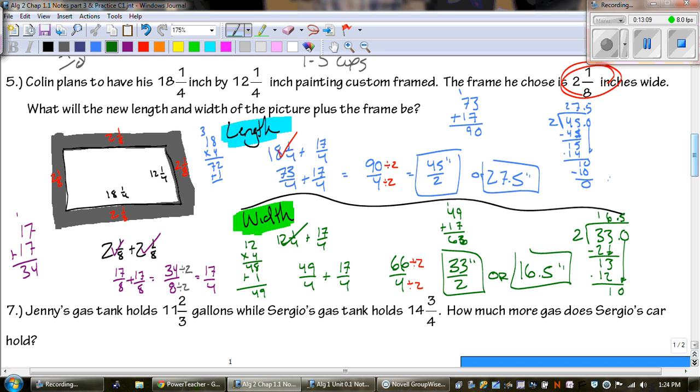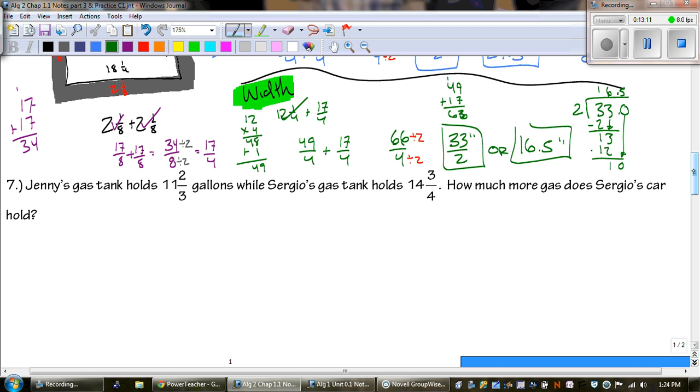All right, last one. Number 7, truly number 4. So Jenny's gas tank holds 11 2/3 gallons, while Sergio's gas tank holds 14 3/4. How much more gas does Sergio's car hold? Okay. Now, I know this is tricky because it says more.